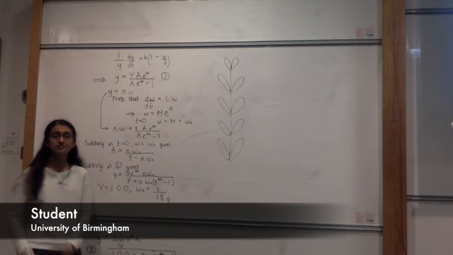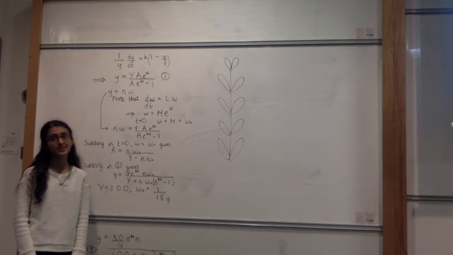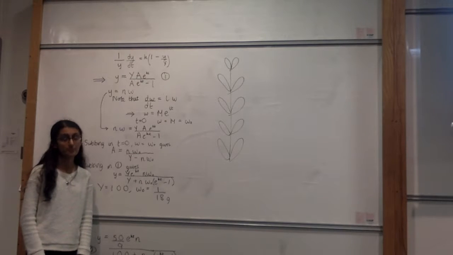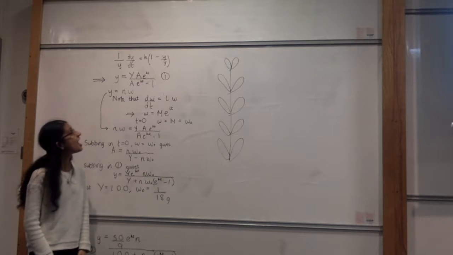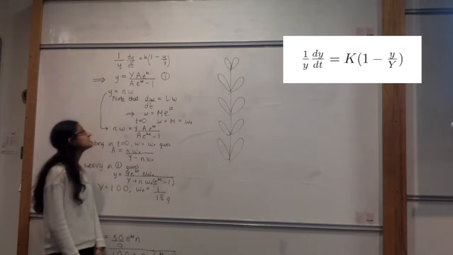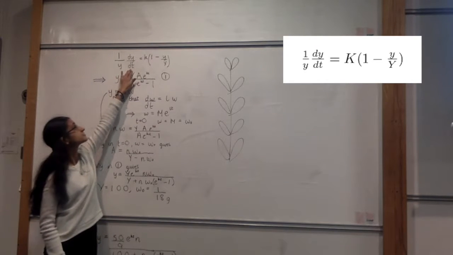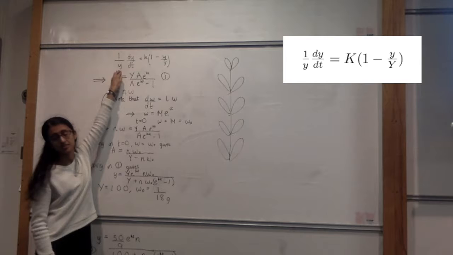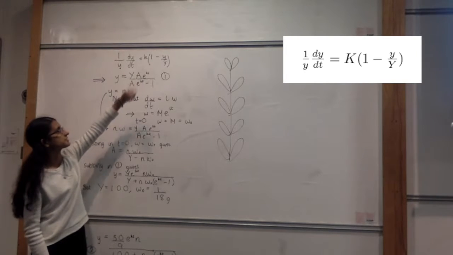To begin with, our group knew that we wanted to create a differential equation to express the growth of a plant from planting to harvest. The differential equation we came up with was this. This works because it expresses the rate of change of yield in relation to the yield because they are both dependent on each other.